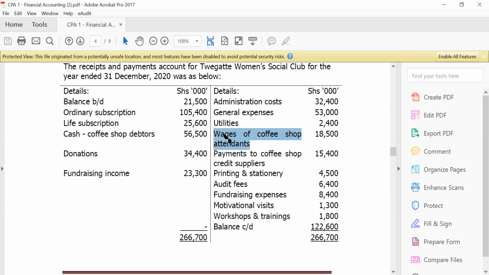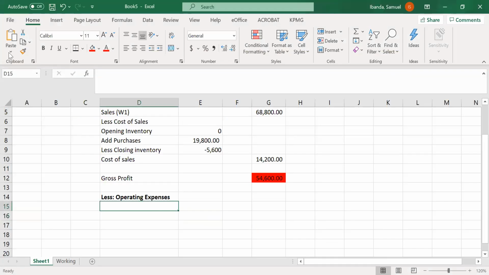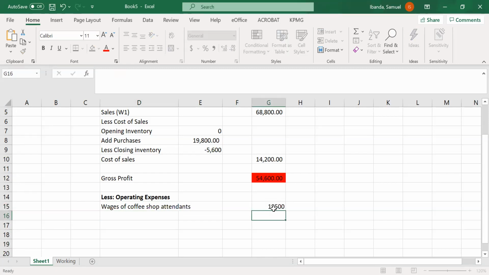So that is what I'll start with. I'll take the wages of coffee shop attendants, which is as given. This is 18,500.